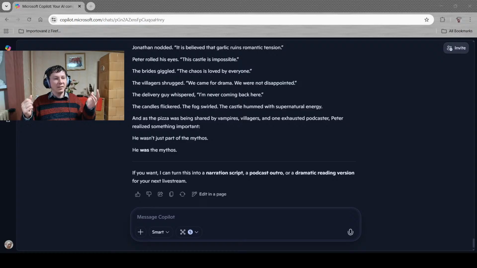Yes, because I'm listening to the audiobook and reading the ebook of the same novel, Dracula by Bram Stoker. And yes, of course, Microsoft Copilot added a village. I don't know why this village, but okay, who cares?